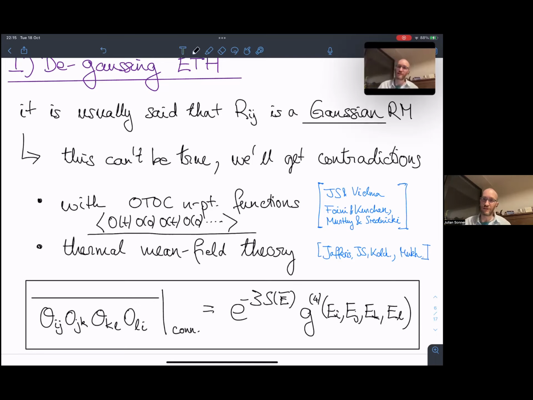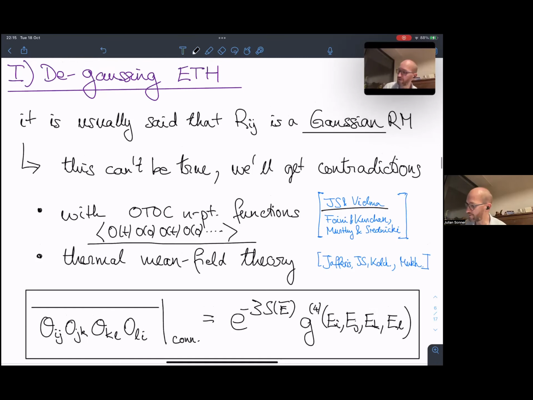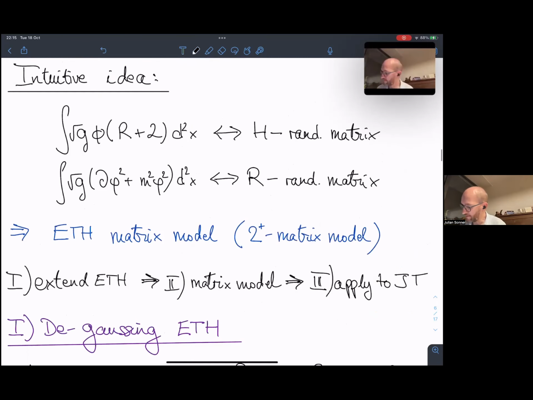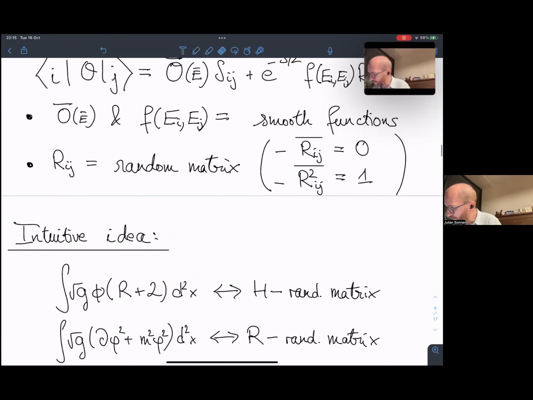So for the ETH answers to be consistent with known results on how these OTOCs behave, as we pointed out, you have to have non-trivial connected non-Gaussian correlations between these R matrices.